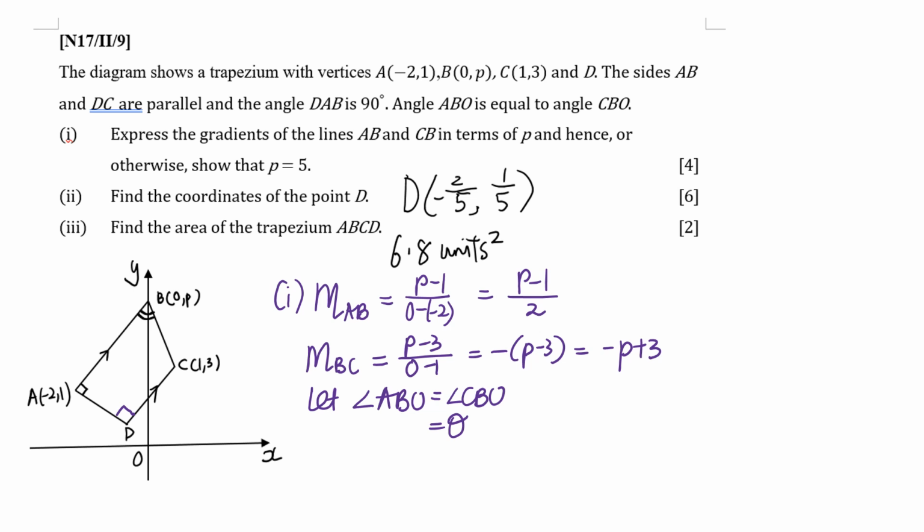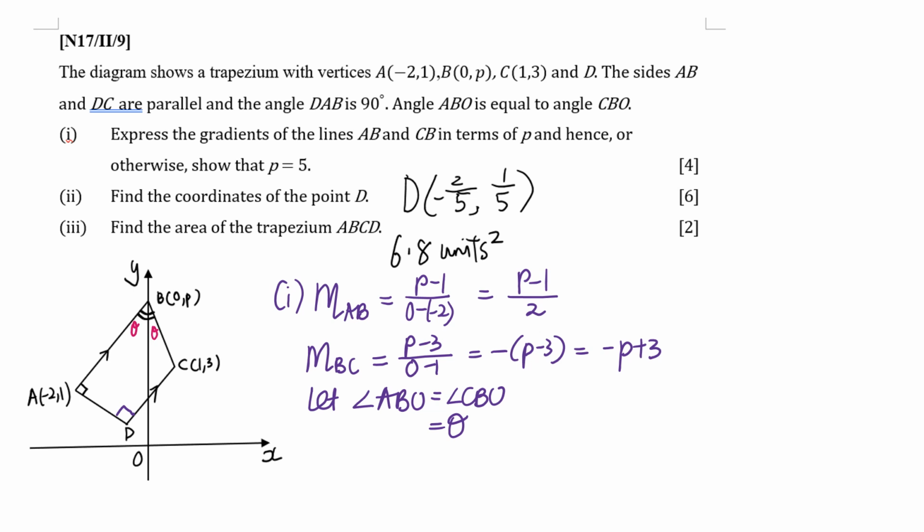Okay, why do I say that? You can still earn 2 points by finding part I, so it's not totally gloom and doom. We are asked to find the gradient of the line AB, which is relatively easy. Just y2 minus y1 over x2 minus x1. So that gives you p minus 1 over 0 minus bracket 0, 2, which gives you p minus 1 over 2.